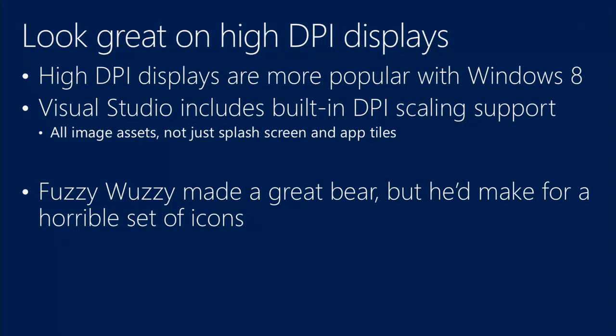Now, other platforms have had the same problem where they've gone from a phone to tablets and other stuff, and each time the DPI has increased or the resolution has increased, and they've had to account for that. And I'm really impressed with what the team put together here to make it really easy for you to incorporate high DPI images in your own apps.